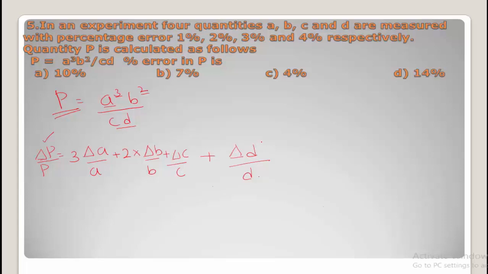To find the percentage error, we have to multiply this by 100.